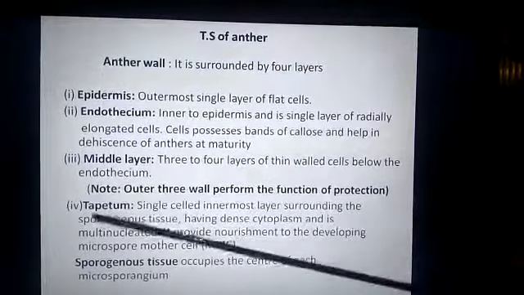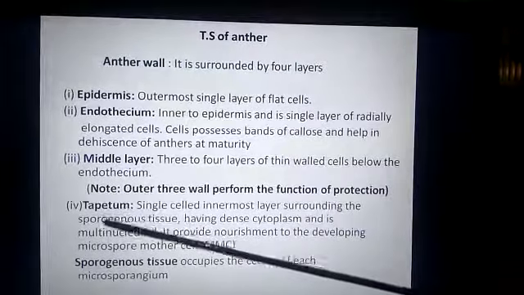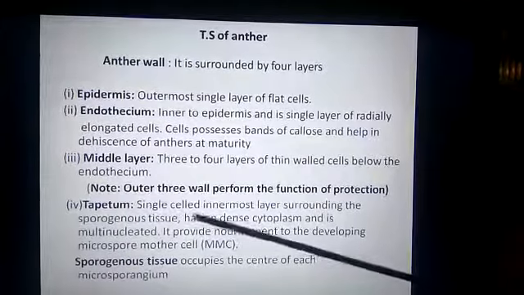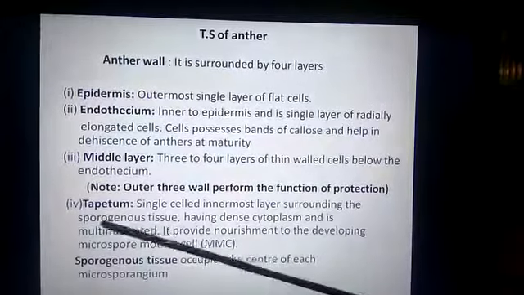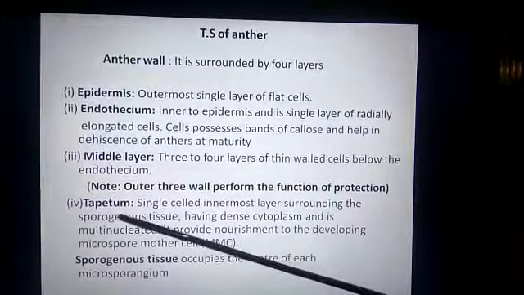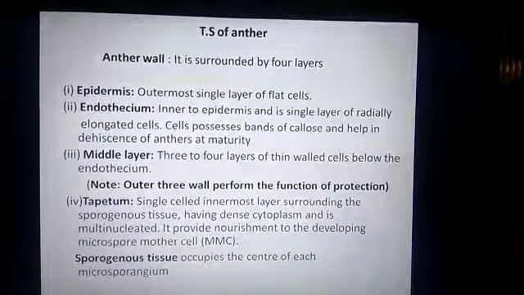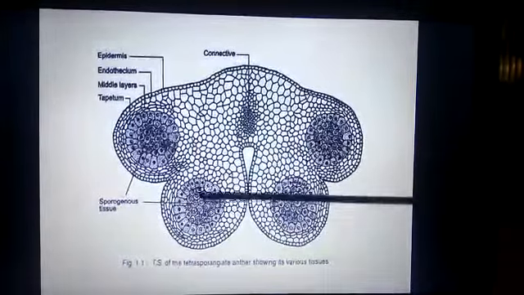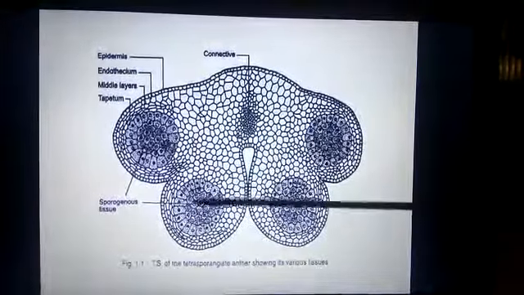Now the innermost layer is tapetum. Tapetum is a single-celled innermost layer surrounding the sporogenous tissue. Sporogenous tissue is a group of tissue that will give rise to pollen grains in later part.